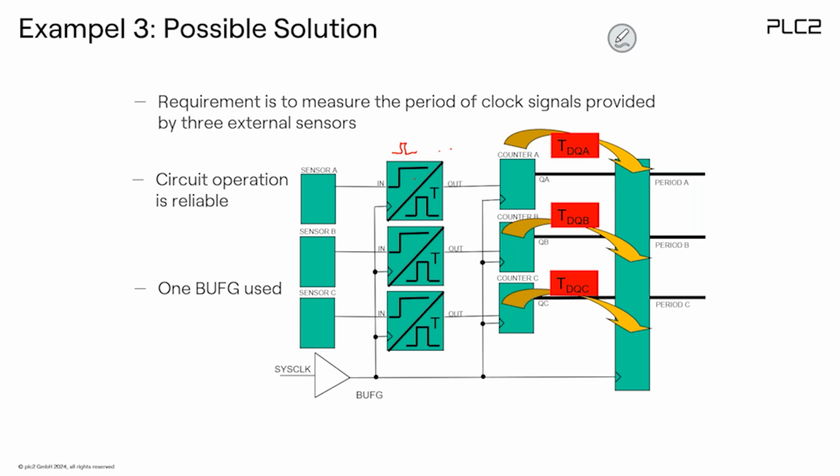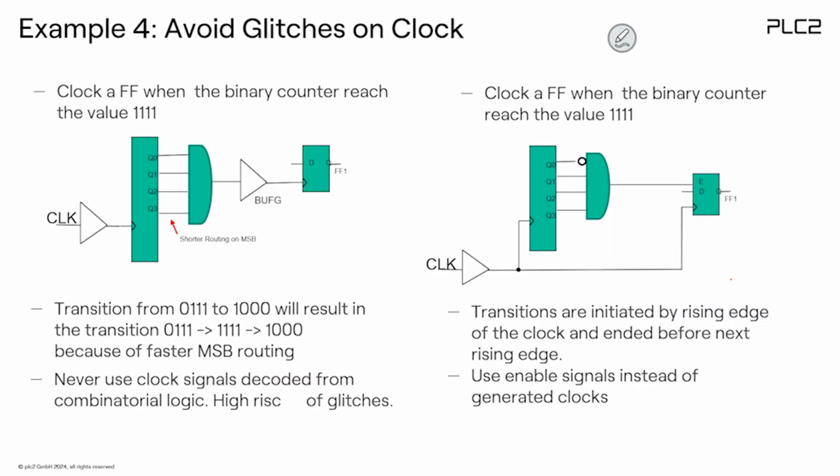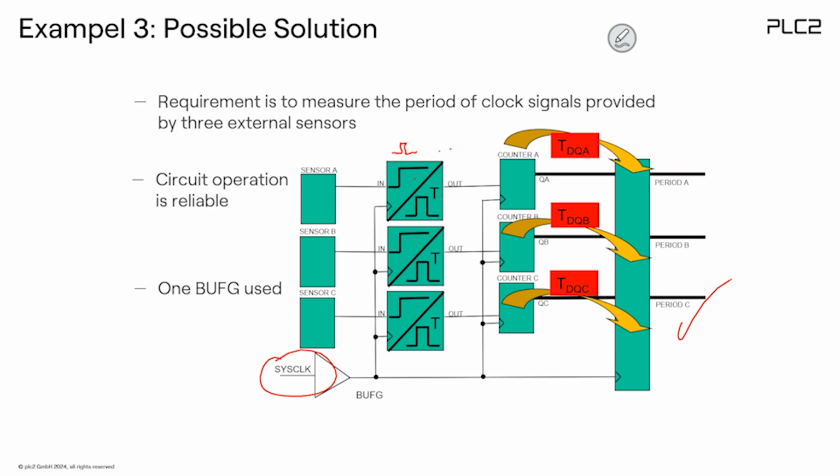Now, of course, everything runs with sysclock, and now it's okay. There are a lot of different applications and situations we could do. This is just one very simple example.